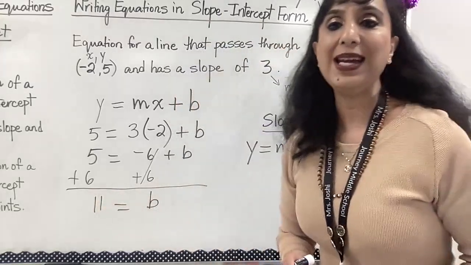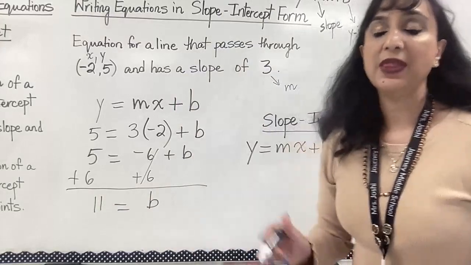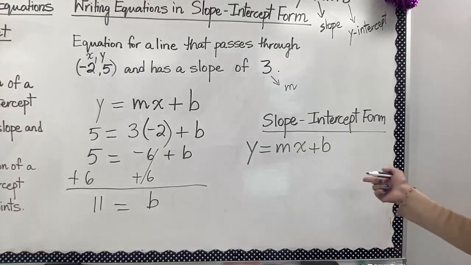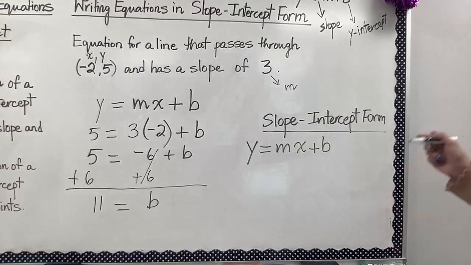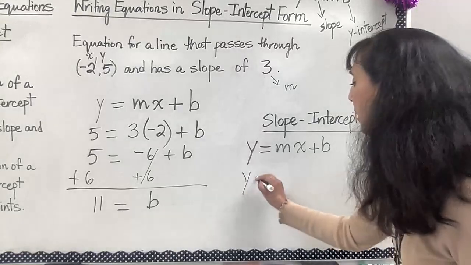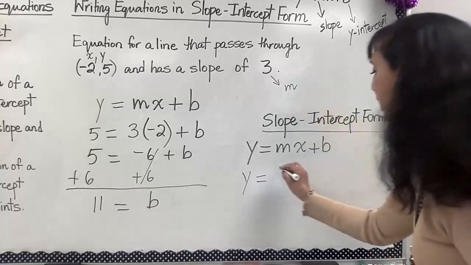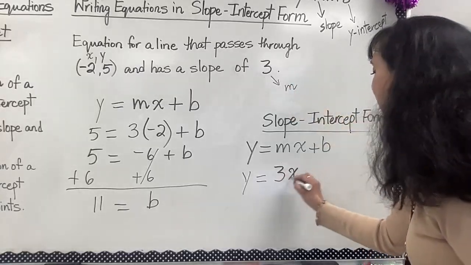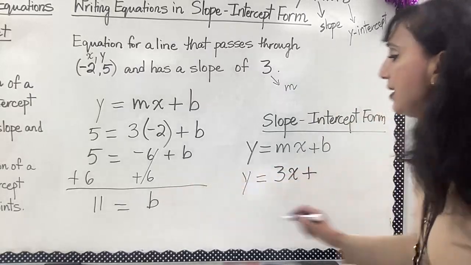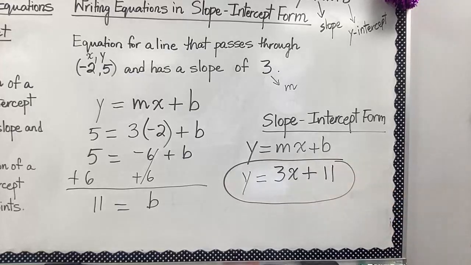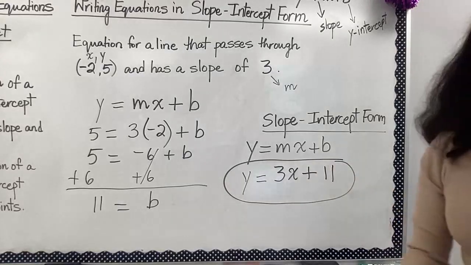So my y-intercept is b. Now I am going to substitute the values into the slope-intercept form, and I know that y is equal to, what is my slope provided is 3. So 3x plus my y-intercept is 11. And here is my equation for this line.